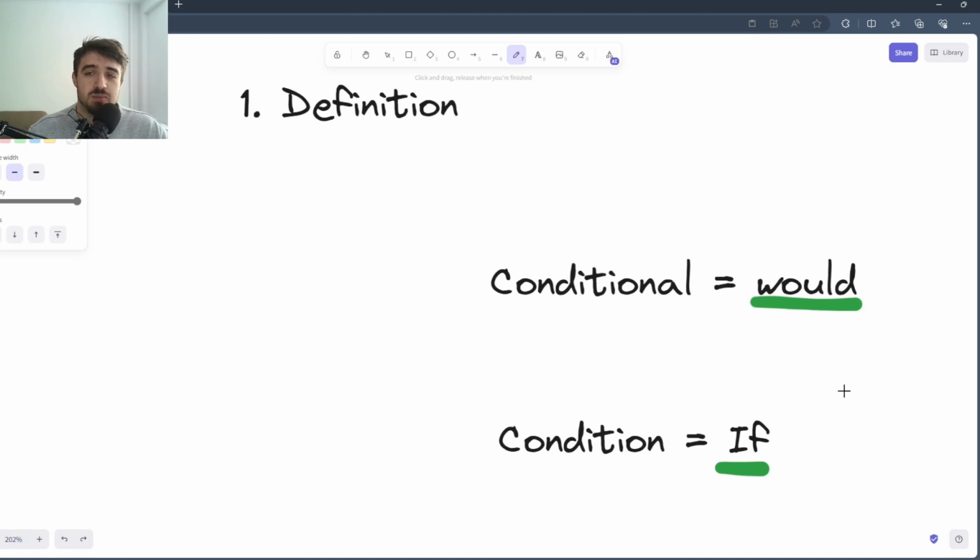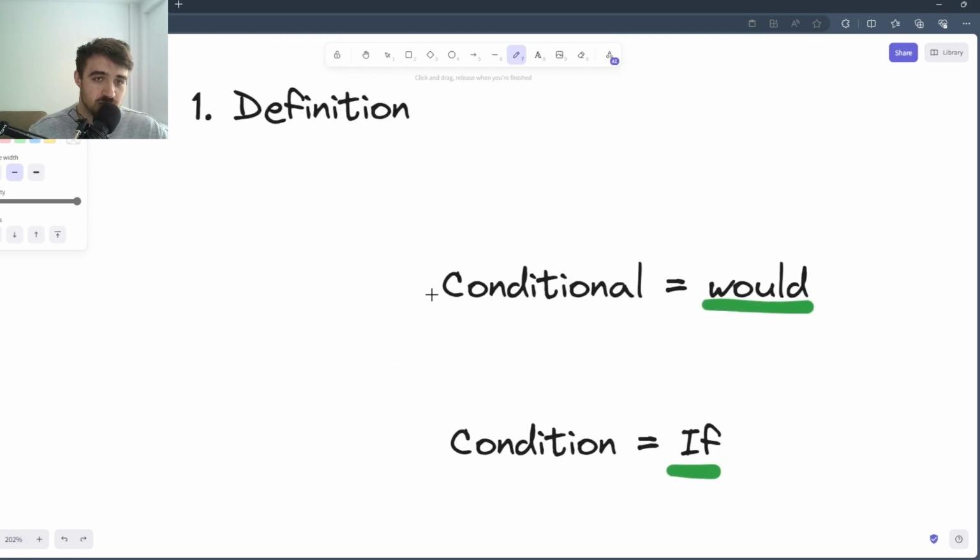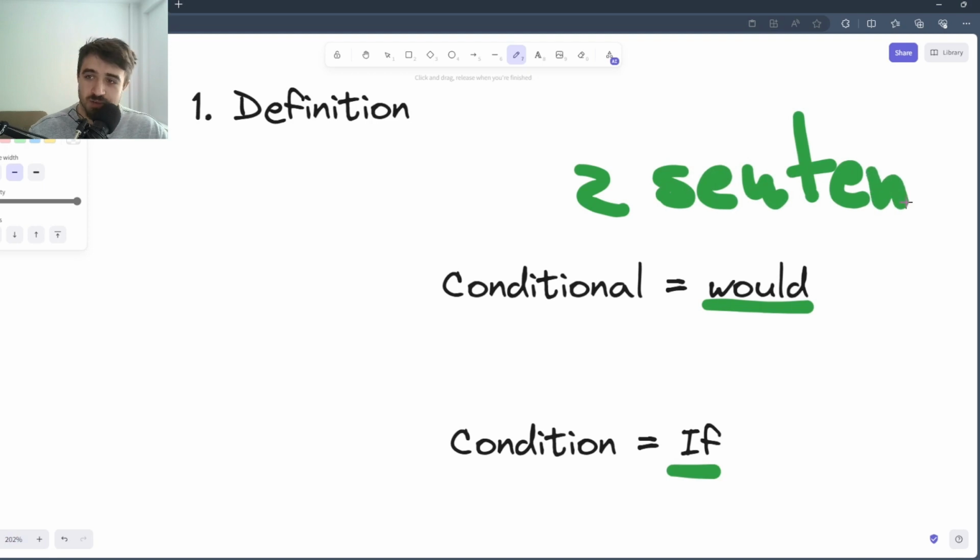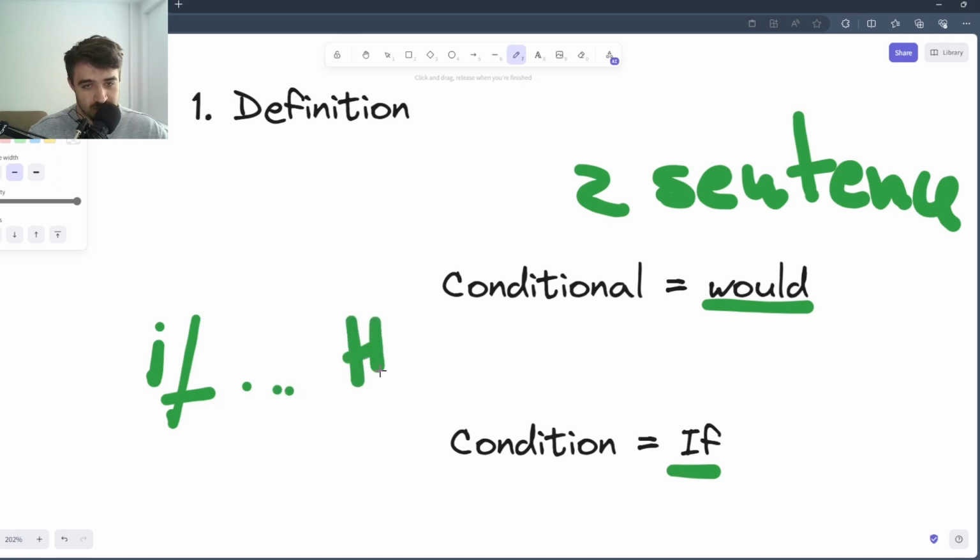So basically what you need to know is when you have a would in English, you should use the conditional, and most of the times you will also have a condition in it. So there will be usually two sentences. So you'll have a phrase sometimes of, if this happens, then blah blah blah.